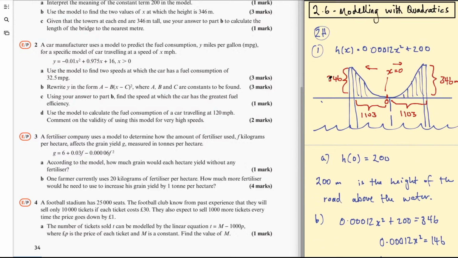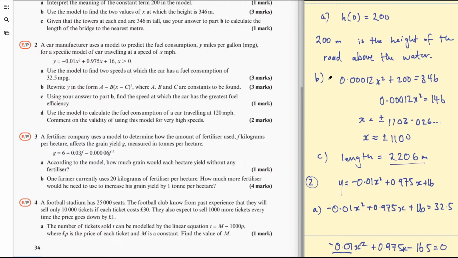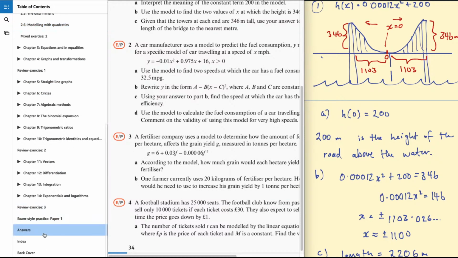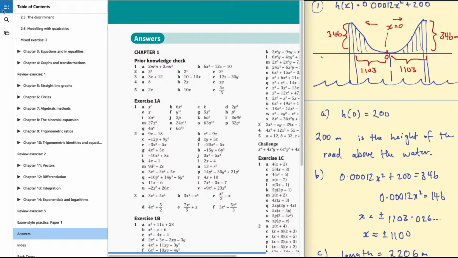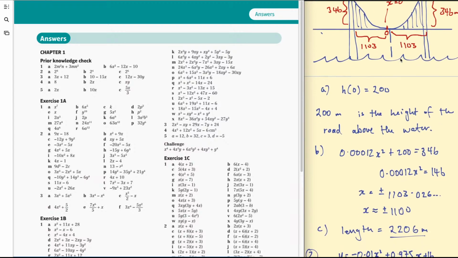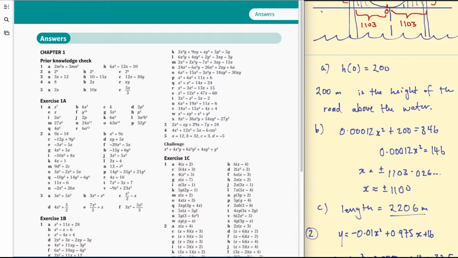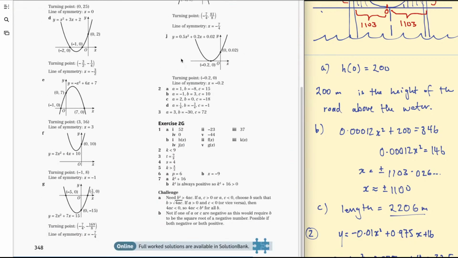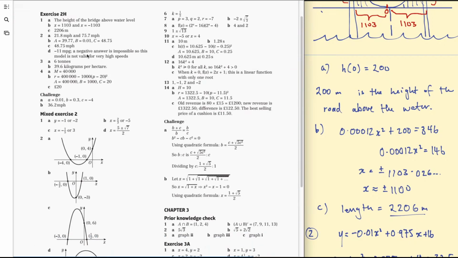All right, so now I'm going to go ahead and check questions 1 and 2. For this exercise, which was 2H, GH.